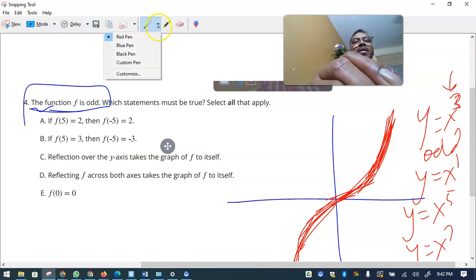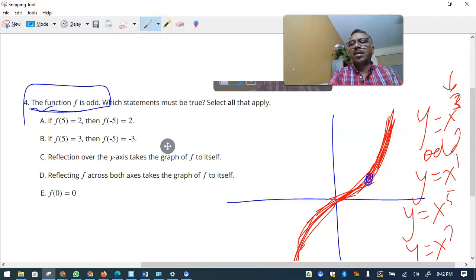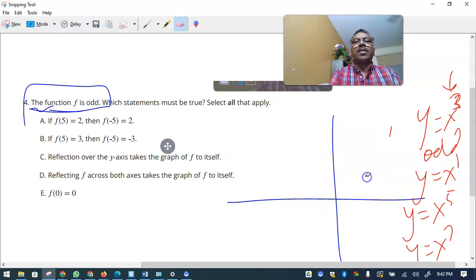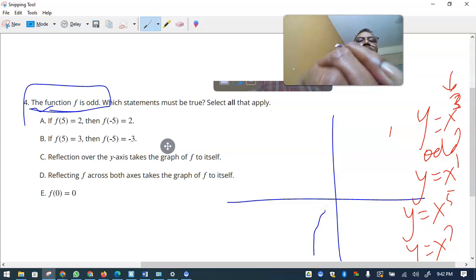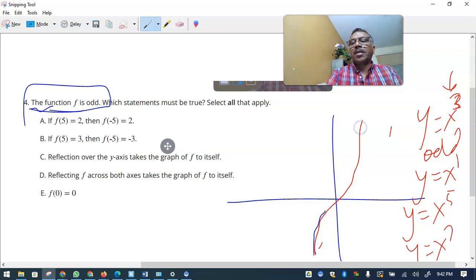But now the question is, what are the things that can happen? Whenever there's an odd function, you should know that this graph doesn't look like a cubic function. Let me make a real cubic function then. So if there is a 2 here and there is an 8 here, this is like 2 and 8, right?